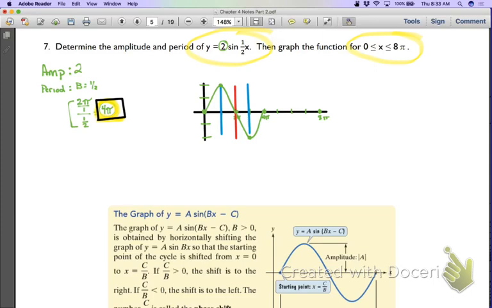Now, I need to continue to graph it, so same thing. What's it going to do basically halfway between 4 pi and 8 pi? What's it going to do right in the middle? 0 out.